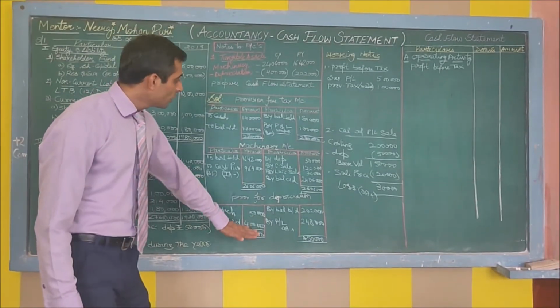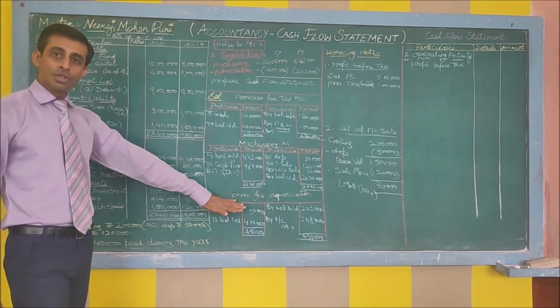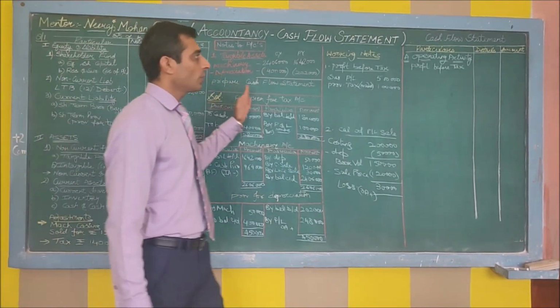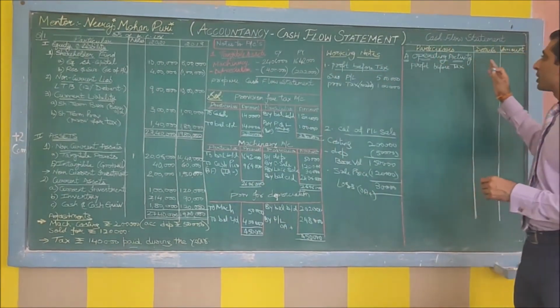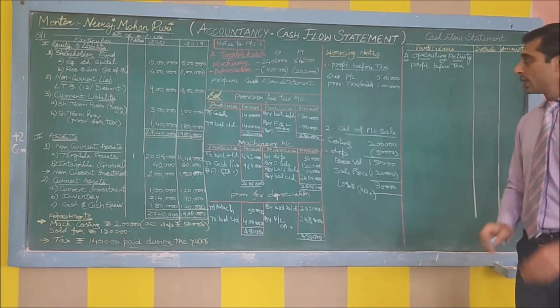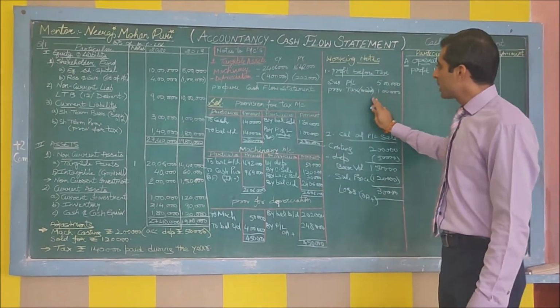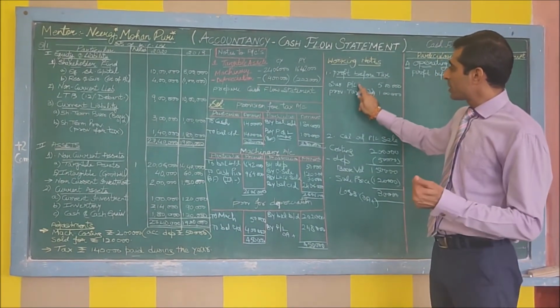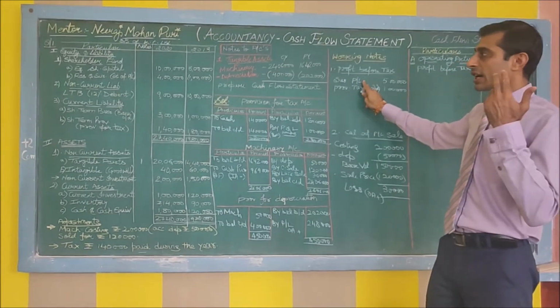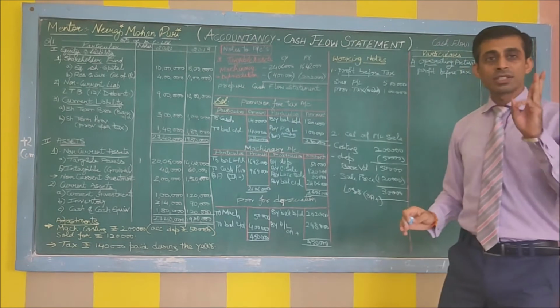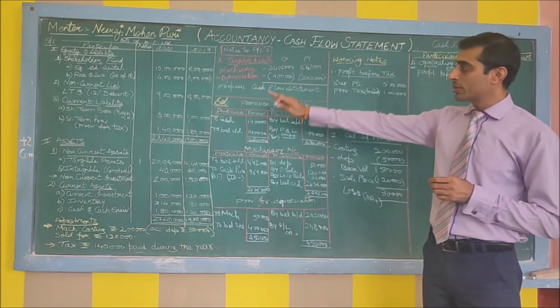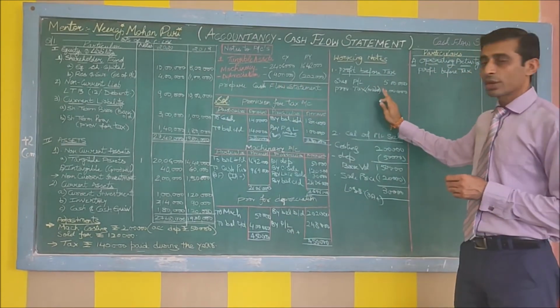Once all the working notes and ledger accounts are prepared according to the requirement of the sum, now we will start with our complete cash flow statement procedure step by step. Starting, we need to check it out. Under this, the surplus of profit and loss we have shown. Next item is general reserve. It is not given in the question. Leave it. Next is dividend. There is no information about the dividend in the question, so not required.